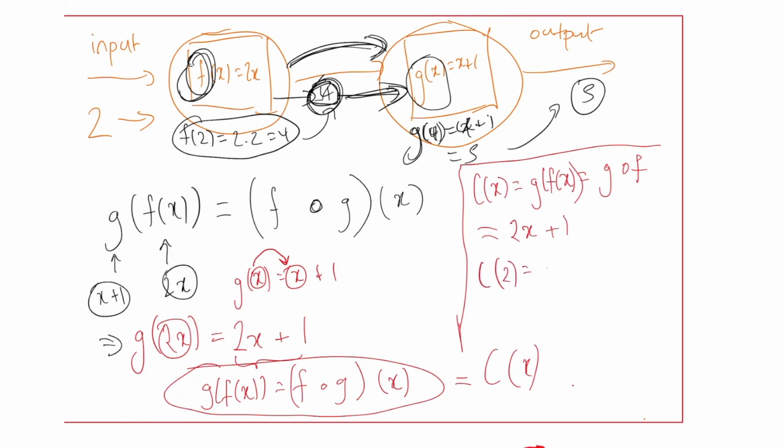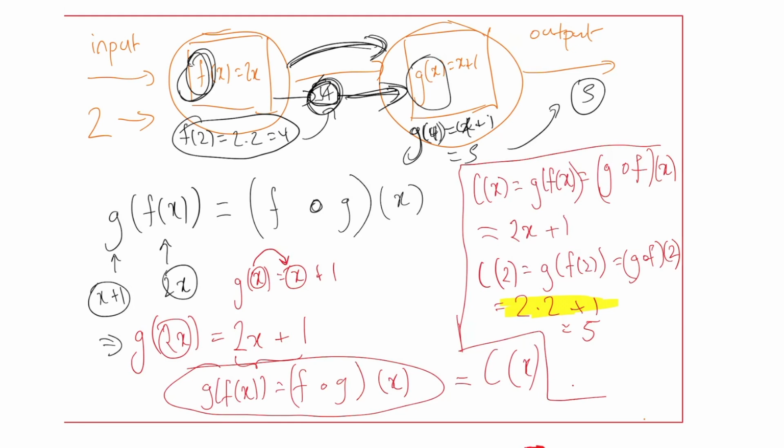So we have c of 2, which is equal to g of f of 2, which is equal to 2 times 2 plus 1, which is equal to 5. Great, we ended up with 5 again. 5 and a 5 up here.